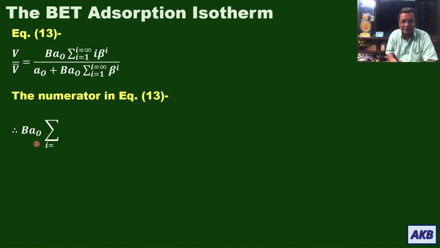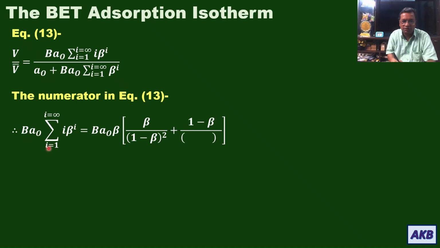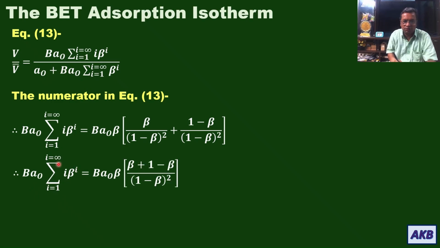Now the numerator is transformed to this form: b into a naught into summation i beta raised to i, where i goes from 1 to infinity, that is equal to b into a naught into beta upon 1 minus beta square plus 1 minus beta upon 1 minus beta square. That is b into a naught into beta, and now you have beta plus 1 minus beta divided by 1 minus beta square.